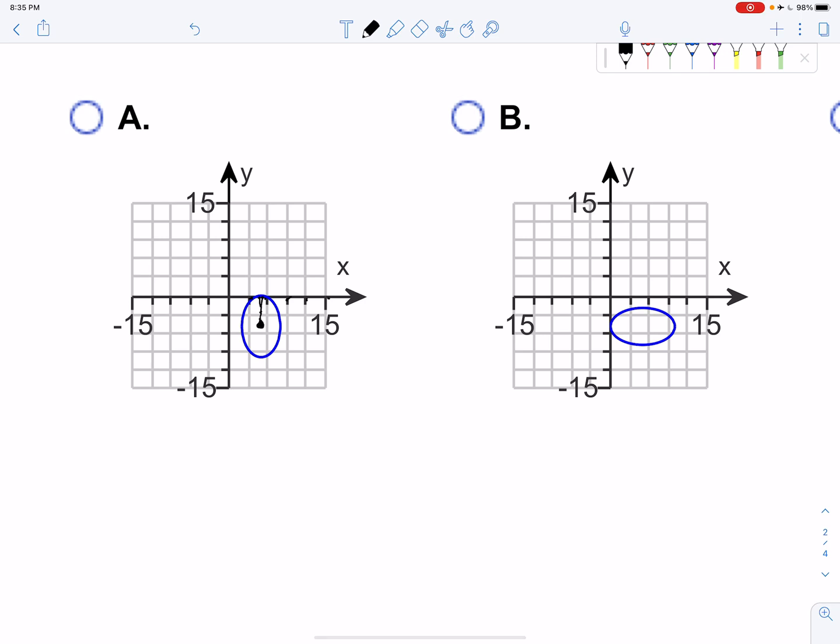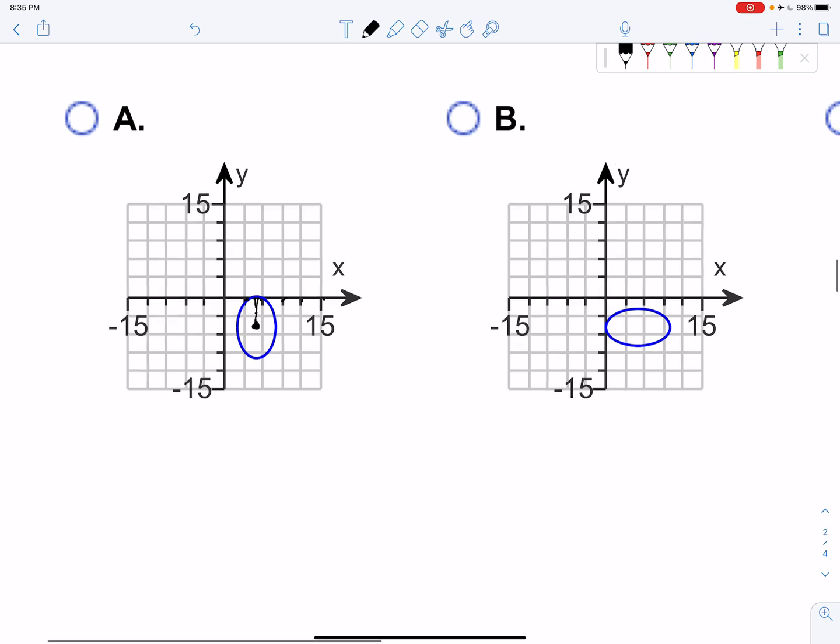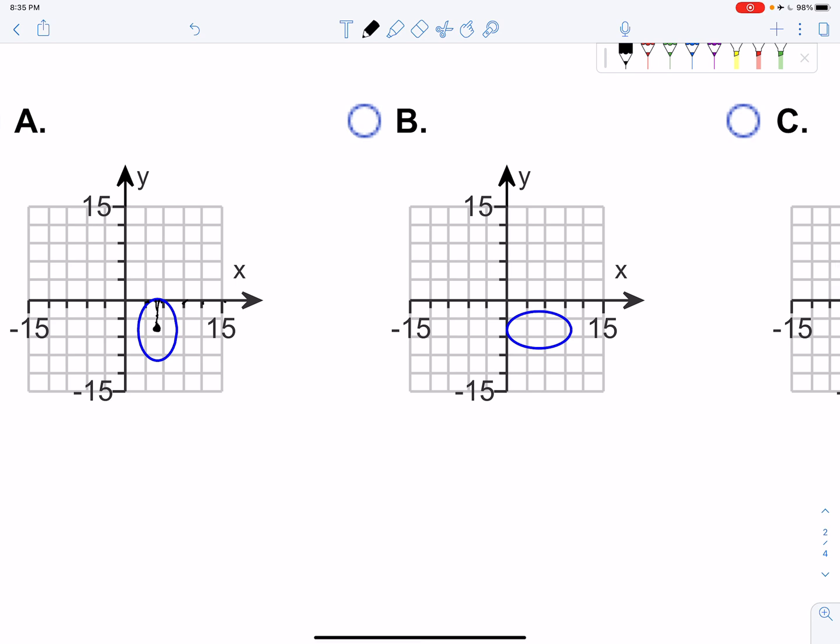That approximately looks pretty good. This one actually looks like it could be about right, because that's 3. Oh, it'd be about there, 2 more. Wait a minute. This is 3, and that's 6. Okay, I'm sorry. It should be slightly to the right.